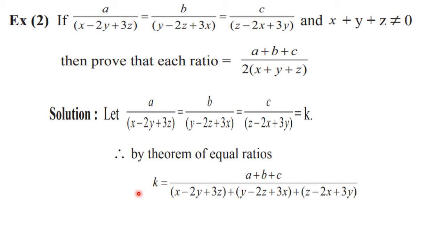Anything will do. So add a plus b plus c added in numerator. Similarly, add all the denominators in the denominator. So see, first one in first bracket plus the second one plus the third one. Okay. Now here what we can observe is we have some like terms.